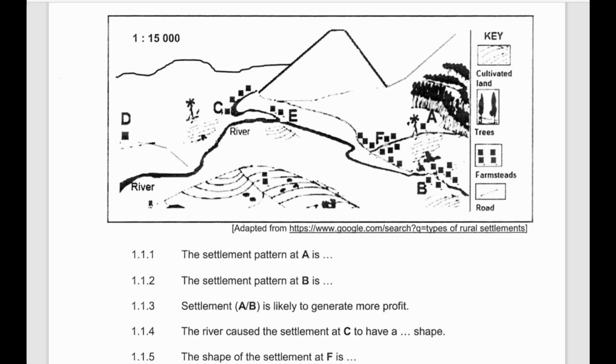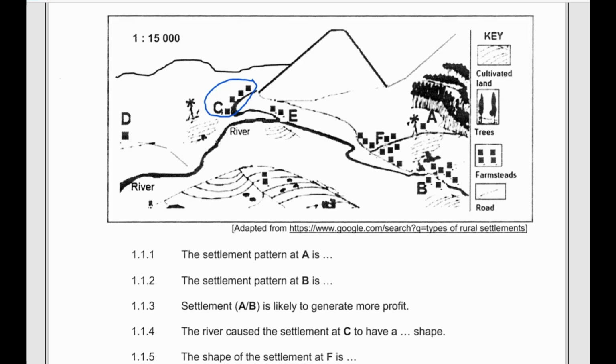Right, if we check our settlements, let's analyze the first settlement, which is settlement C. In terms of its shape, you can see that the farmsteads are located in a linear form along the river.